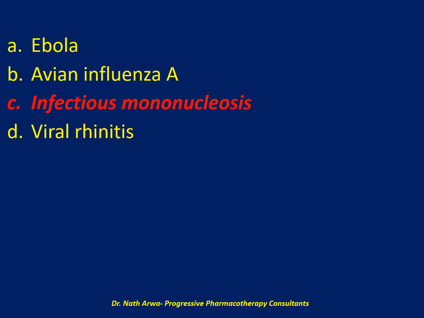I would like to add that IM is more commonly seen in developed countries because the age at acquisition of primary EBV infection is older than it is in the developing world. Let's move to the next question, please.